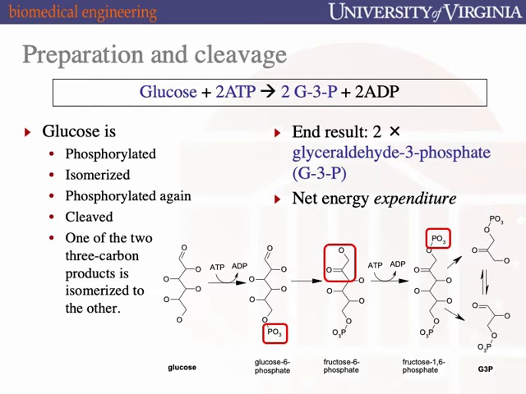Step number 1 is to phosphorylate it through an enzyme called hexokinase. It's a hexose sugar. It phosphorylates it on one end here to generate glucose 6-phosphate. That's the first ATP hydrolysis that takes place.